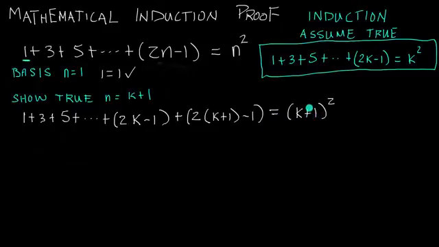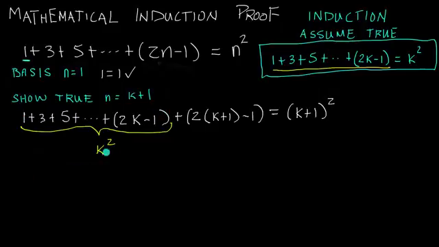Now if we can show that the left-hand side is equal to the right-hand side, then we have completed the mathematical induction proof. If we notice here, this part right here is equal to the left-hand side of the assumption that we made in our induction step. And since we're assuming the left-hand side is equal to the right-hand side, according to this assumption, we can replace all of this stuff with k squared.